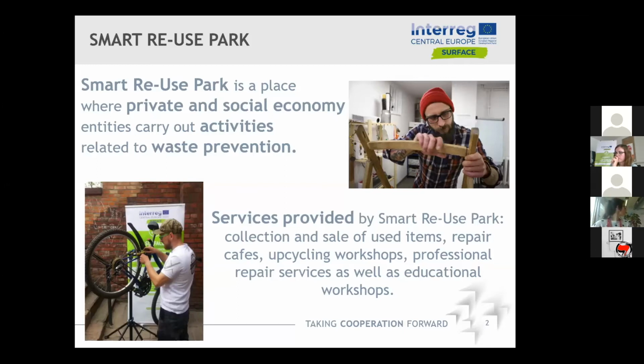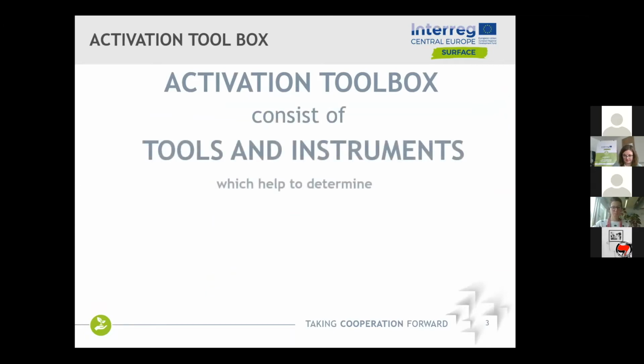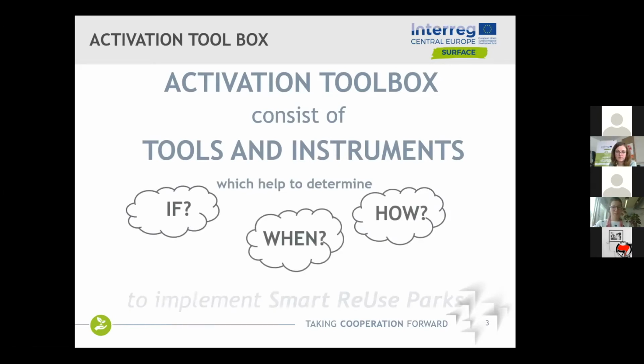That's why the Activation Toolbox was created. According to the application form of the project, the Activation Toolbox consists of tools and instruments that help to establish if, when, and how to implement a smart reuse park.